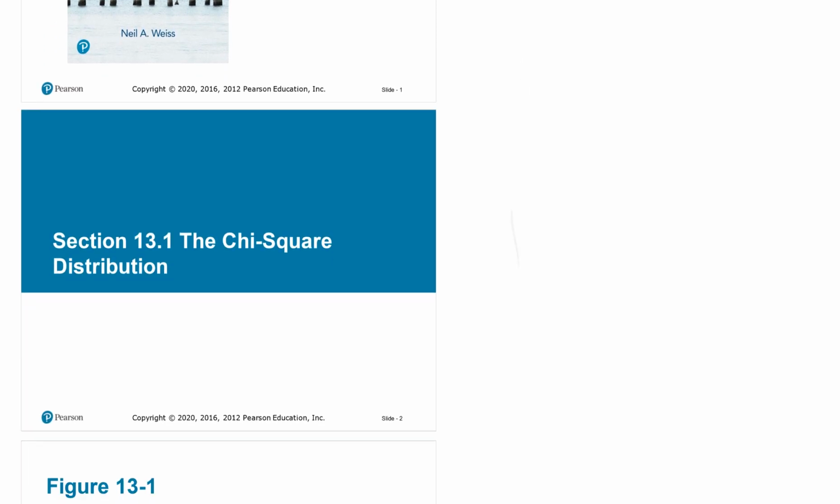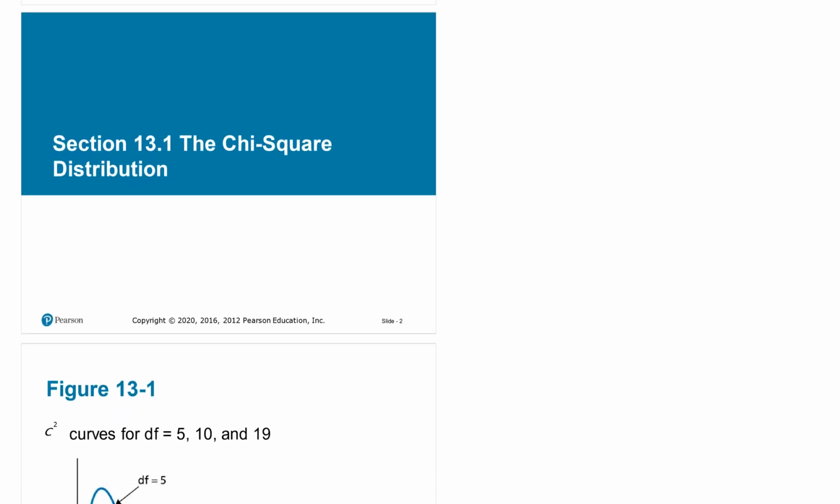Section 13.1 is called the chi-square distribution. What is the chi-square distribution? We use a Greek letter symbol, chi, which is pronounced "Ki".